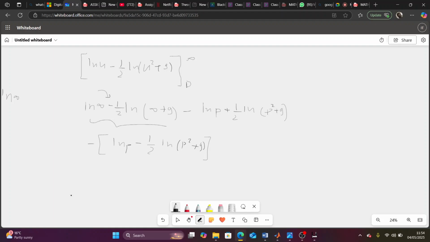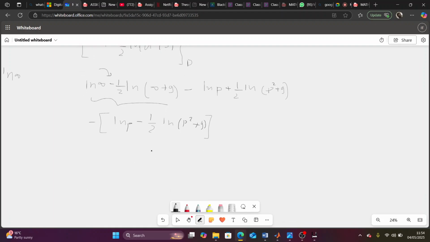Now what is happening here? What they did here, they just played with some math, because if you have ln of a minus ln of b, it is simply ln of a over b. That's why they kept it like this.